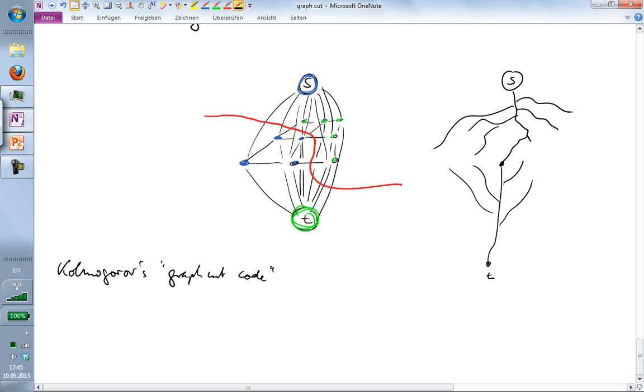And I'm now pushing through this path all the flow that I possibly can, which means that along parts of these paths I may obtain 0 residual capacity. And this is why I am now left with a set of trees, a forest, one for the source side and one for the sink side.